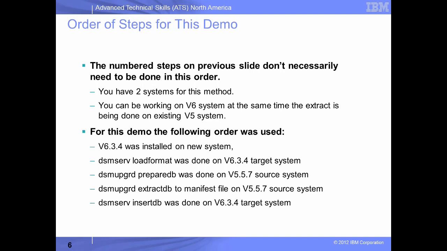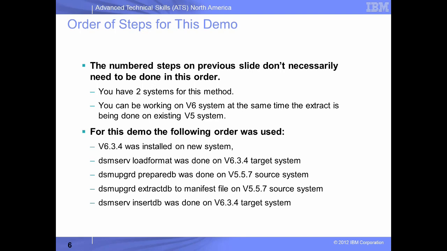So the order of steps that we took on this demo was we first installed 6.3.4 on the new system. We then went to that 6.3.4 system and did the DSMSERV LOAD FORMAT step. That's the step that does some of the DB2 setup work.